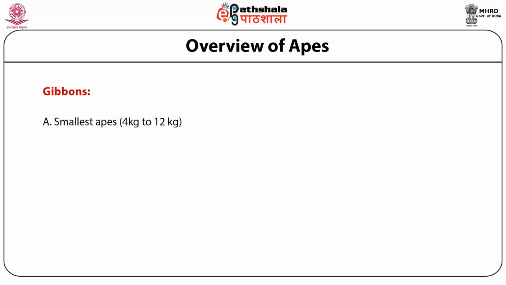Gibbons are the smallest apes of all, in relation to Pongidae, found in Asian tropical and subtropical forests from easternmost India and Bangladesh through mainland Southeast Asia and the Indonesian archipelago. Body size ranges from 4 kg to 12 kg.